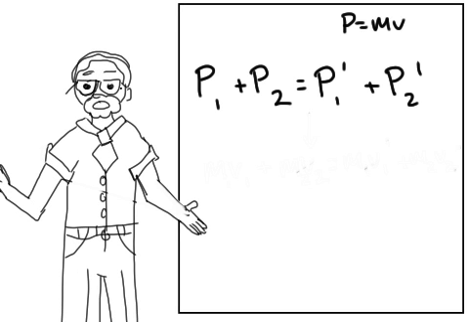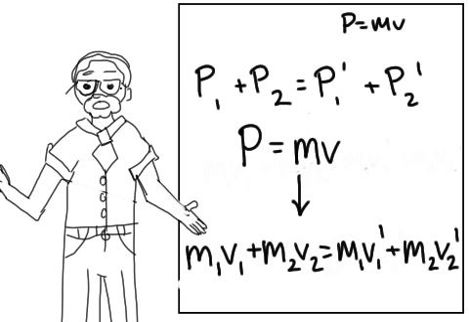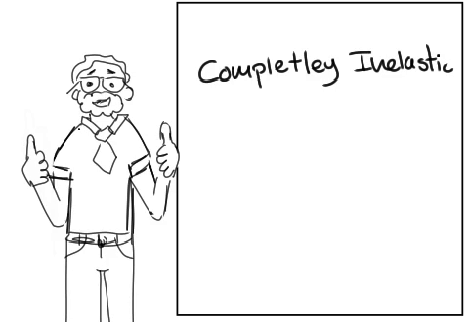Since we don't know what the momentum is yet, we can simplify the P to mv. The equation is now m1 v1 plus m2 v2 equals m1 v1 prime plus m2 v2 prime. We have one more step to finish our equation.